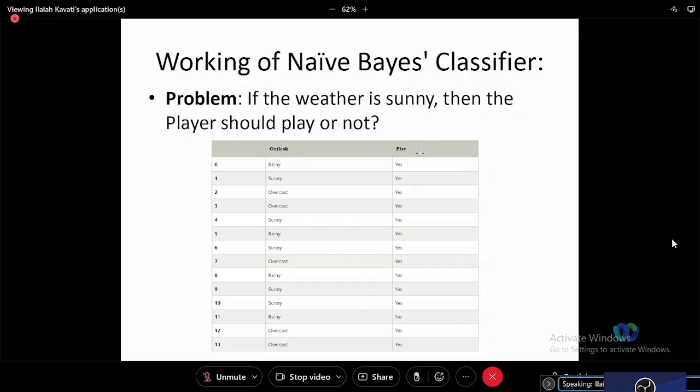So here we have the past data available with us. We need to give this to the classifier, so that if a similar situation occurs, we can predict whether play is possible or not, right?